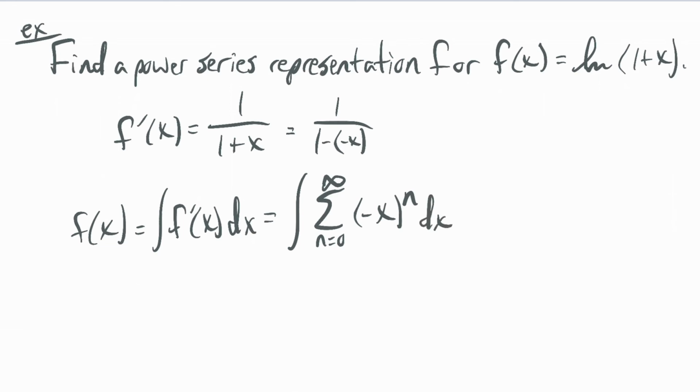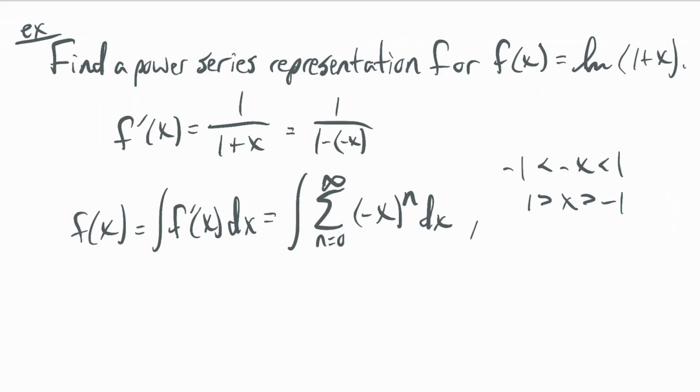We'll do it term by term. Of course, the interval of convergence is whatever interval such that negative x is in the interval negative 1 to 1. So negative 1 is less than negative x, which is less than 1. Negate all those components. So 1 is greater than x, which is greater than negative 1. And that is the same interval of convergence as the original function, which should not be surprising.